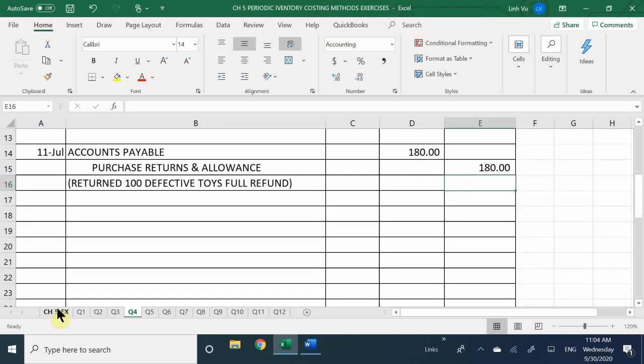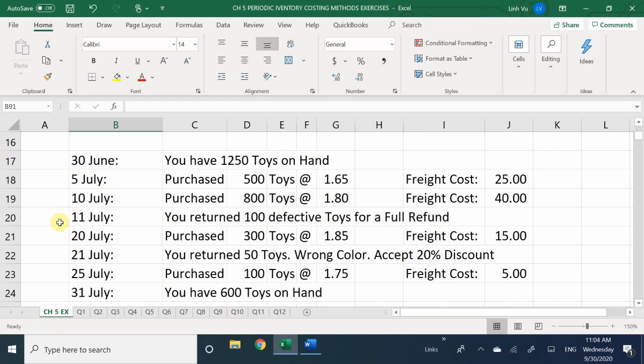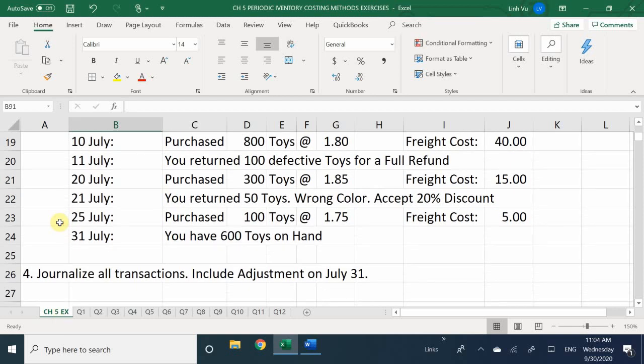Now let's go ahead and see what has happened next. On July 20th, I made another purchase of 300 toys at $1.85. Notice that every single time I'm making a purchase, it's just getting more expensive. So on July 20th, 300 toys at $1.85 with a freight cost of $15.